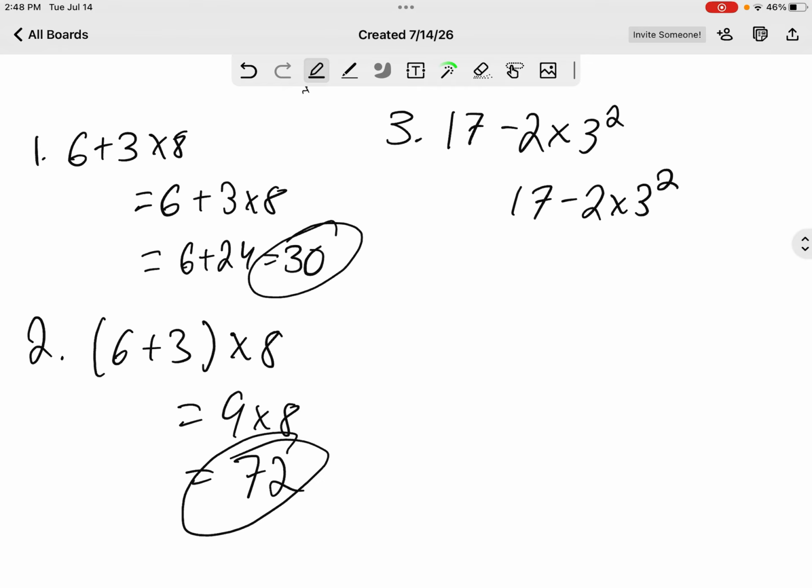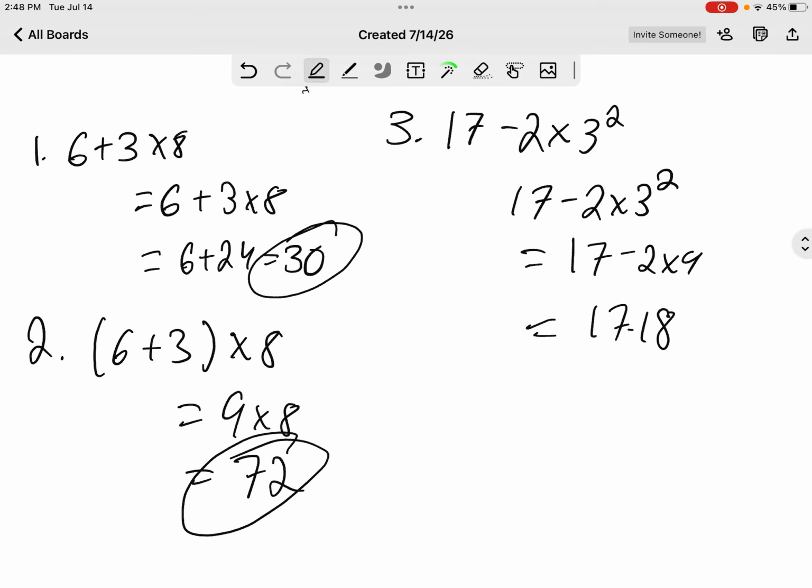To do that question, you'll start off with 17 minus 2 times 9. We'll do the exponent, then the multiplication, then the subtraction. So we'll do the next step, 17 minus 18.